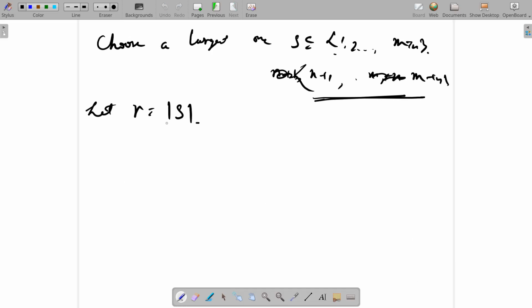So keep that in mind. R is the cardinality of such a set, and then you denote by I the set S intersection 1, 2, all the way up to n.